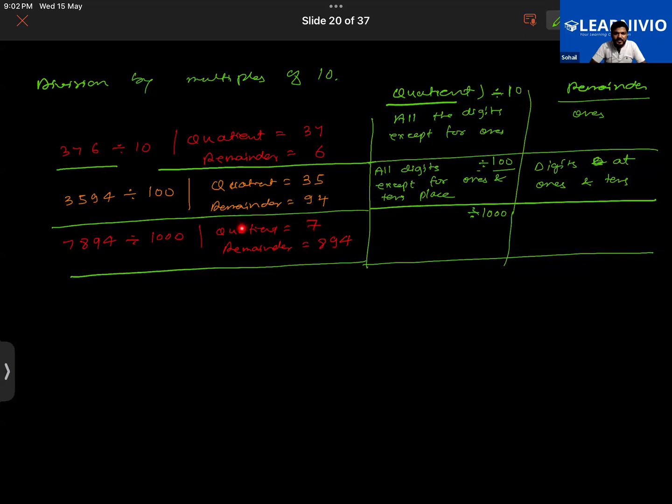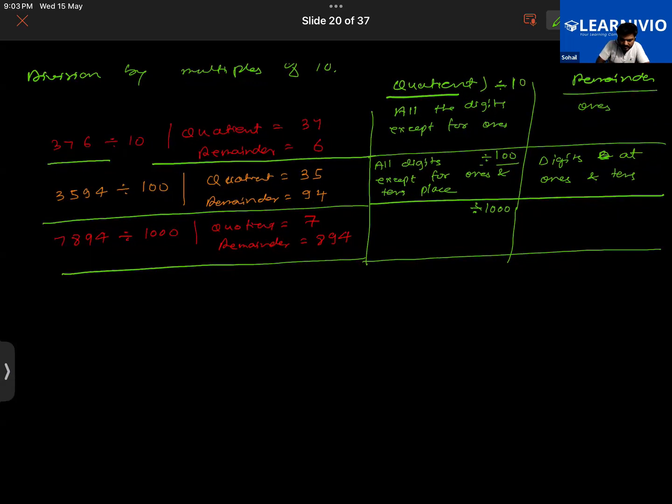So guys, in the case of division with 1,000, we will write all the digits except for the ones, tens and hundred place. We write the remaining ones, so that is only 7 written here. And the digits at these three places, ones, tens, and hundred place, go to the remainder. That becomes the remainder. Is that clear to everyone? Yes. Good then.